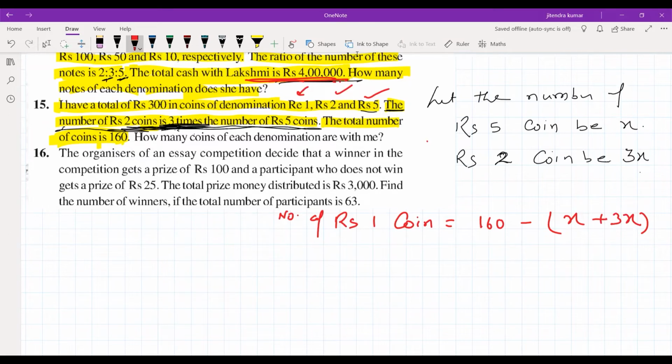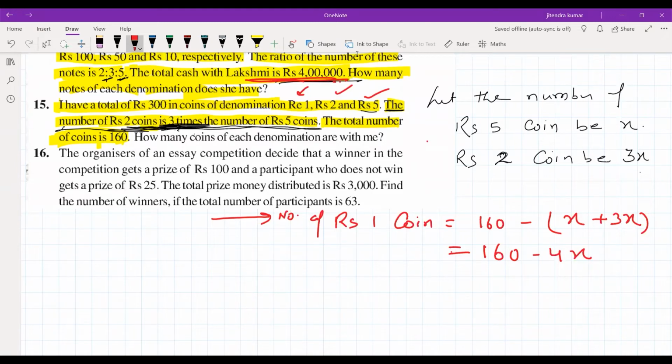So will this give us the number of rupees 1 coins? Please check this line again. If anyone has any confusion in this. It is clear? So this will give us 160 minus 4x. So this is the number of rupees 1 coins.